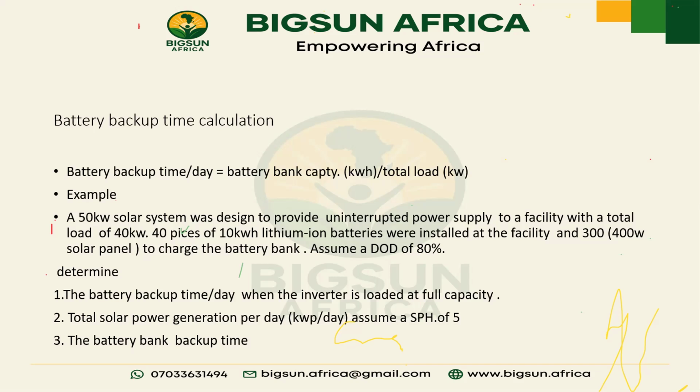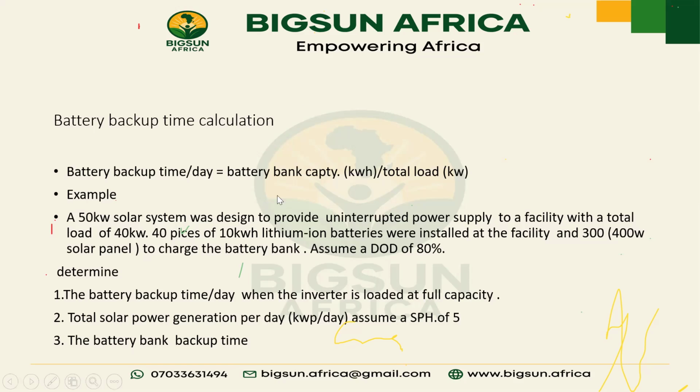Right? So if we come to our battery bank capacity, we are going to times it by 0.8. So we have 400 times 0.8, which is 320 kilowatt hour. Are we good?